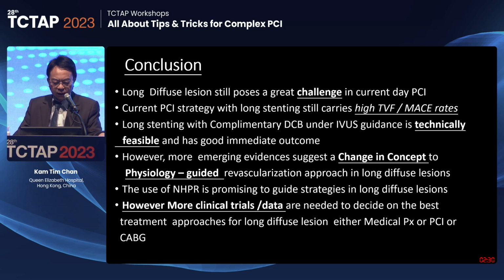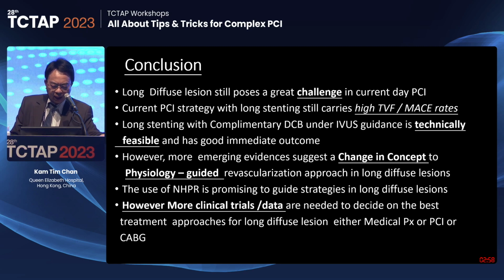So ladies and gentlemen, in conclusion, long diffuse lesions still pose a great therapeutic challenge in current-day PCI. Current PCI strategies with long stenting in long diffuse disease still carry a very high TLR and MACE rate. Long stenting with complementary DCB under intravascular imaging guidance is technically feasible and tends to have good immediate outcome.